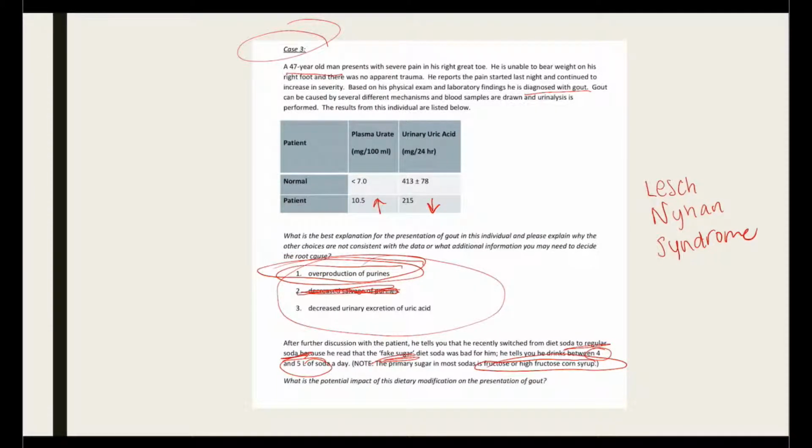This happens because alcohol consumption will increase the production of lactic acid, which would then compete with the uric acid for excretion. So therefore, we're also going to cross out choice number 3.